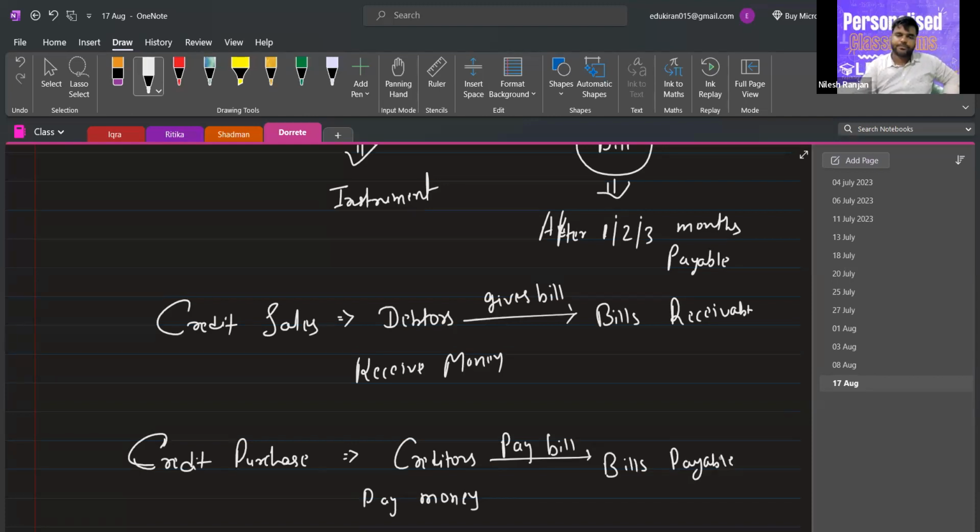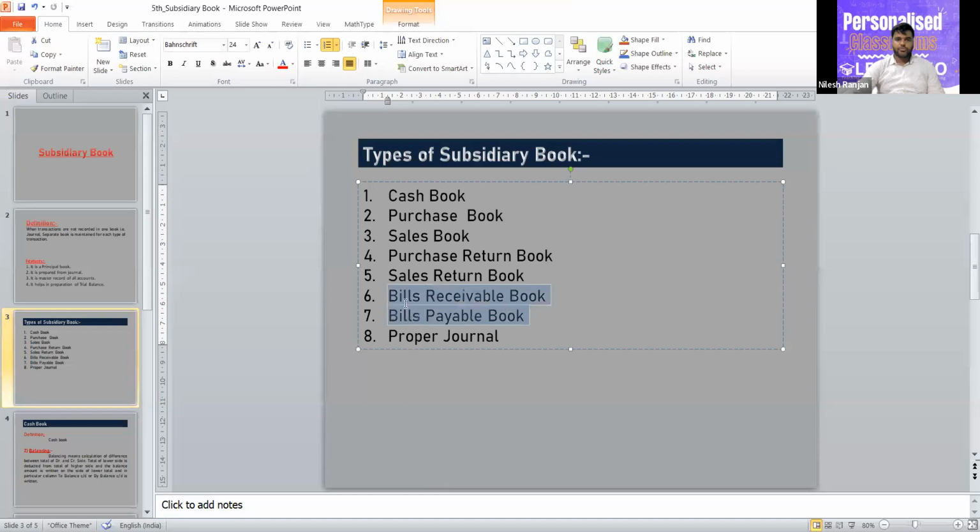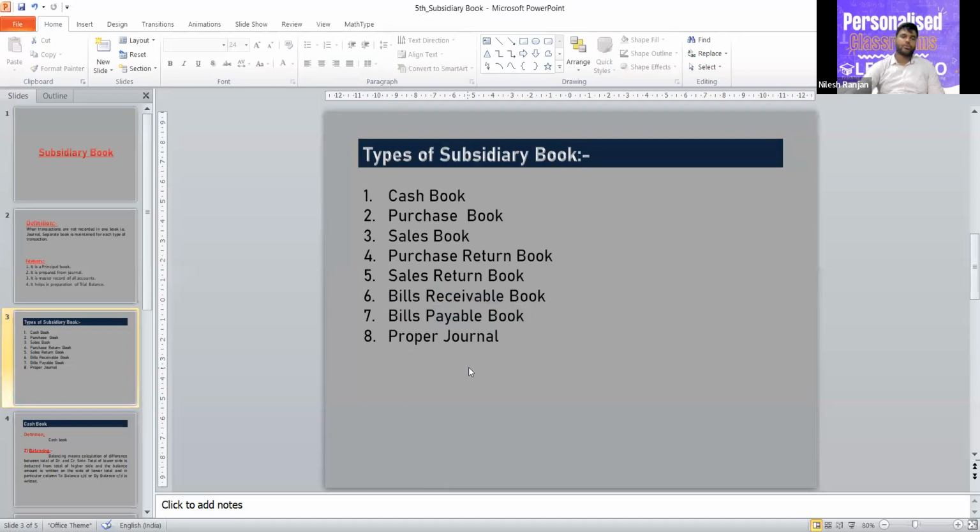You understood the concept? So that's why we have to create these two books also, the bills payable and bills receivable books.